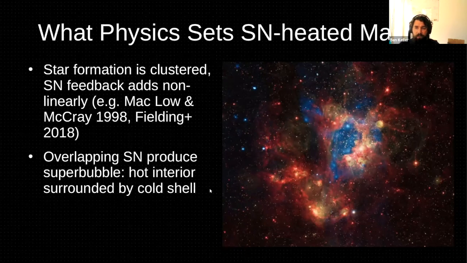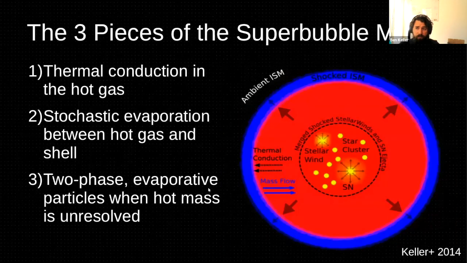Those individual supernova bubbles will rapidly merge, forming a larger superbubble that's driven much more by a wind-like model than a blast wave-like model. So to model this, we built three simple pieces that combine to form the superbubble model. The first is a thermal conduction component that moves energy within this hot bubble. The second is a stochastic evaporation.